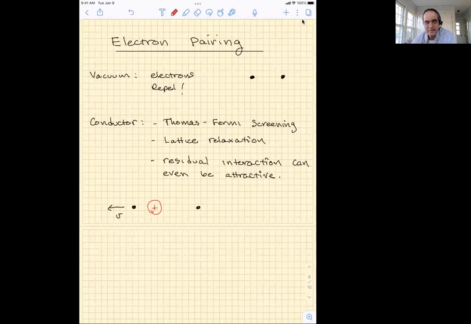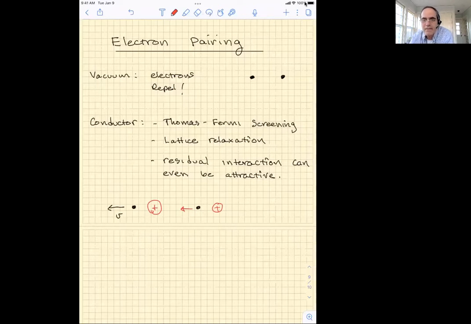And here's the cloud of positive charge that's trailing the first electron. And the second electron can be attracted to this positive charge, and that produces a net attractive interaction between the two electrons. Well, it's kind of an interesting idea. This is a qualitative picture. Here's the charge trailing the second electron, but it gives us an idea how an attractive interaction can result when electrons move through a solid.